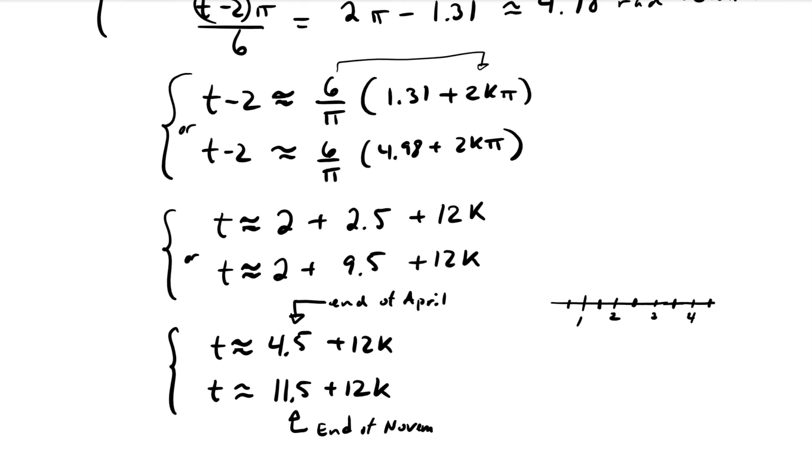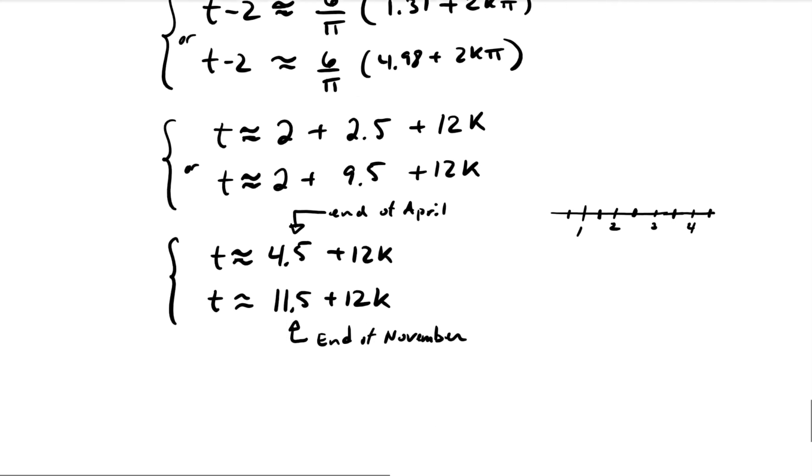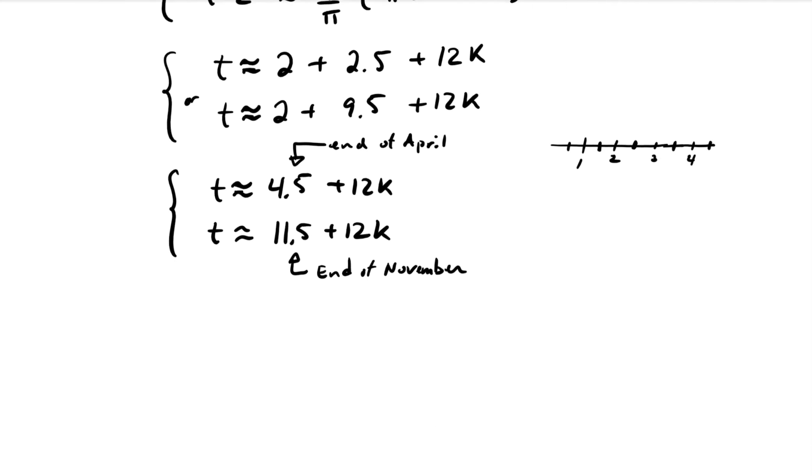So that kind of tells you that this is a city in the southern hemisphere. Actually, this is a problem that I took from the web. It was modeling the temperature in Wellington, and I'm guessing Wellington, New Zealand.